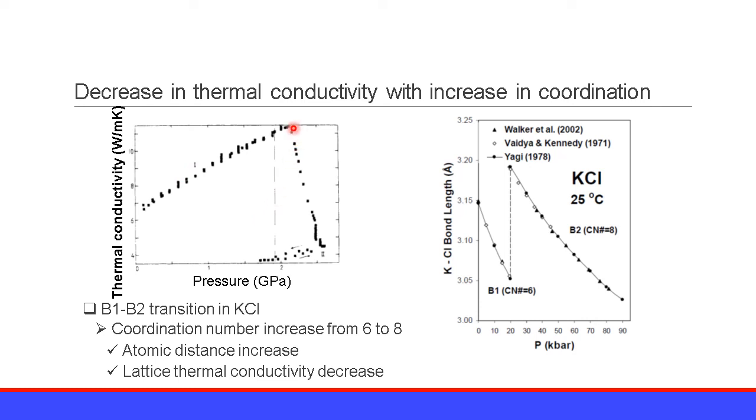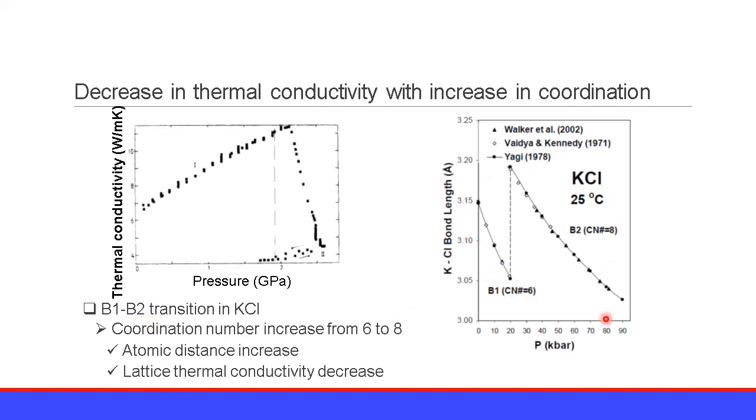With the phase transition, the thermal conductivity decreases. This is because of the bonding length increase with the B1, B2 transition.